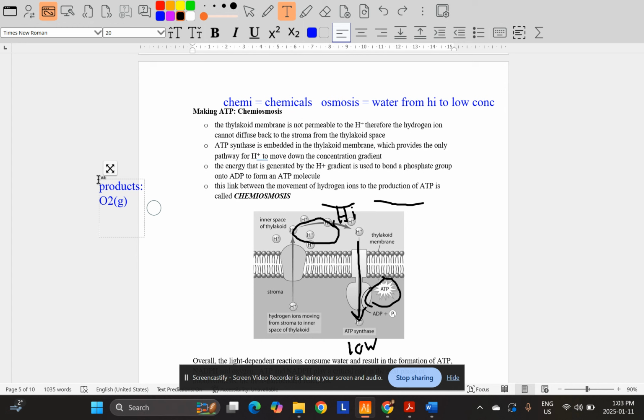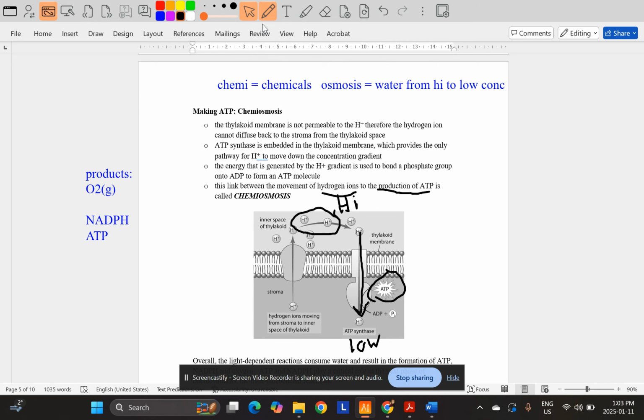And then we have two products made by the light dependent reactions, the high energy NADPH molecule, the reducing power from the transferring of the electrons through the photosystems, and we have the energy molecule ATP, and these guys are going to be super important for our next stage. Sorry, wrong, my bad. That is important for the Calvin cycle, the light independent reactions happening in the stroma. That'll be our next video.